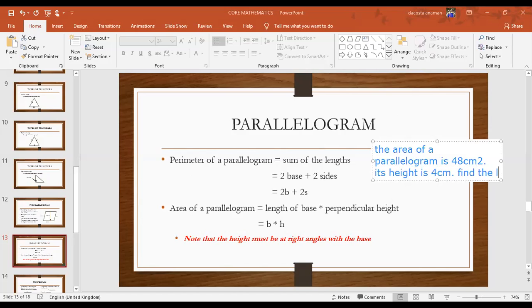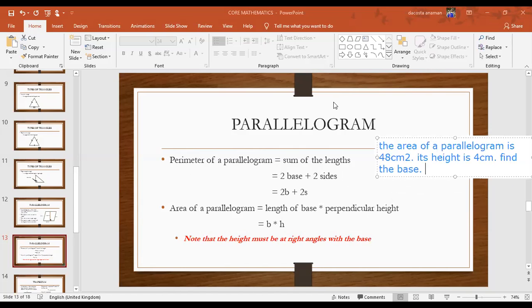Find the length of the base. I hope you can all see the question. Today you are going to do more of the solving, okay? Good. So the area of a parallelogram is 48 centimeters squared. Its height is 4 centimeters. Find the base.